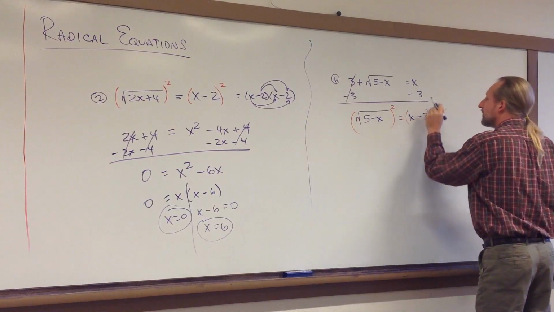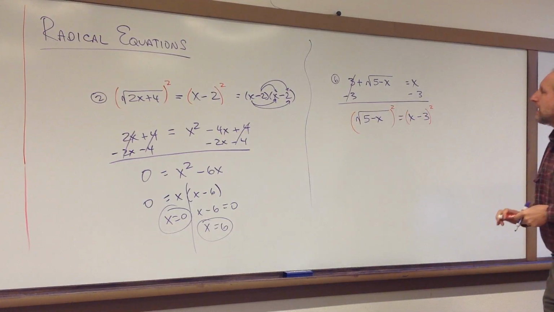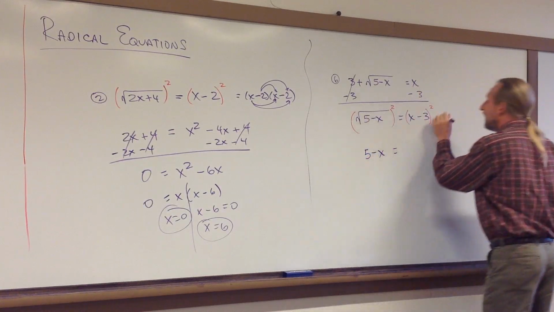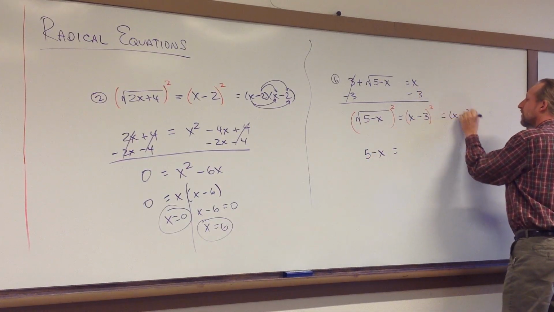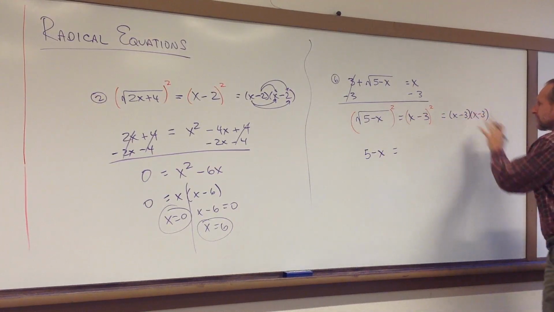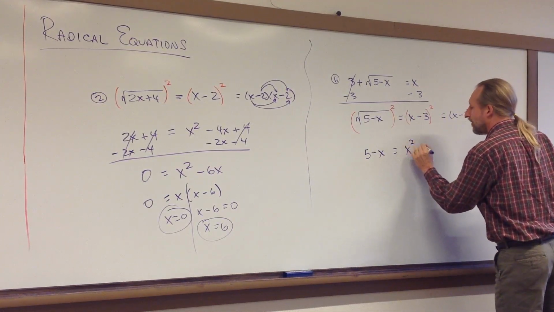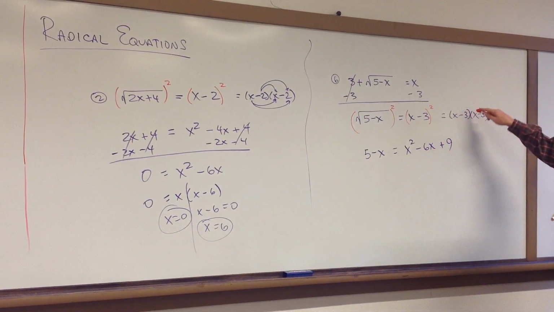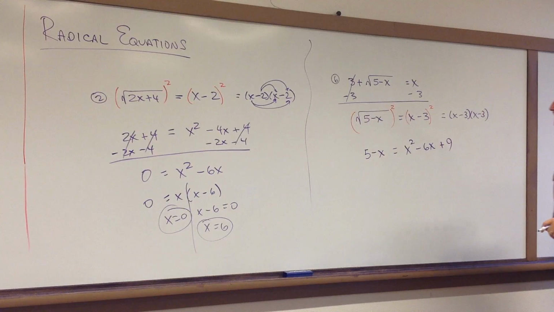And then same thing, we want to square both sides to get rid of this square root piece. And just as we saw in problem 2, when you square one of these binomials, you've got to multiply it by itself. And so this will come out as x squared minus 6x and then plus 9.